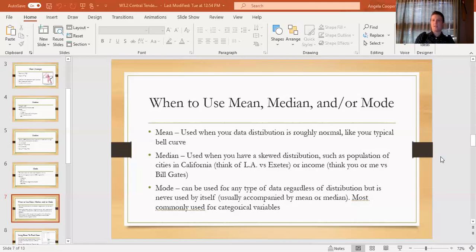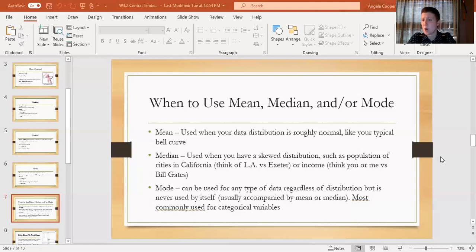So we have a skewed data distribution when it comes to populations of cities. We probably have more smaller cities than big ones. However, we would still use a median to measure that because it's a skewed data distribution. So we find the middle population size of cities.